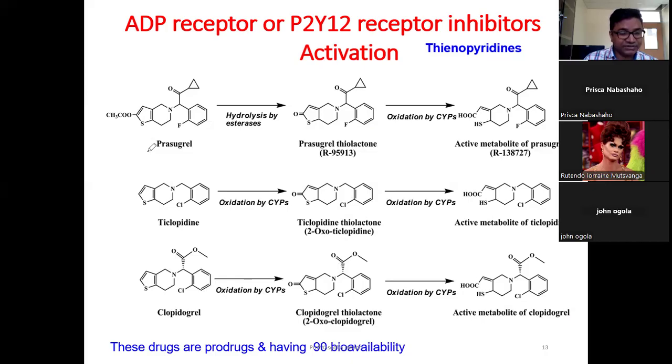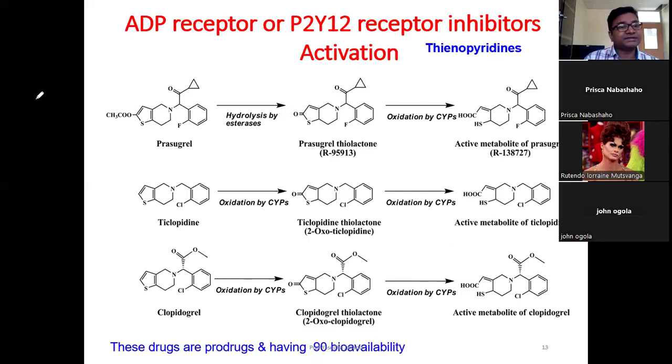For example, prasugrel has an ester group. On hydrolysis, the ester group goes and forms a lactone, a thiolactone. In cardiovascular drugs like digitalis, we learned a lactone ring is present.